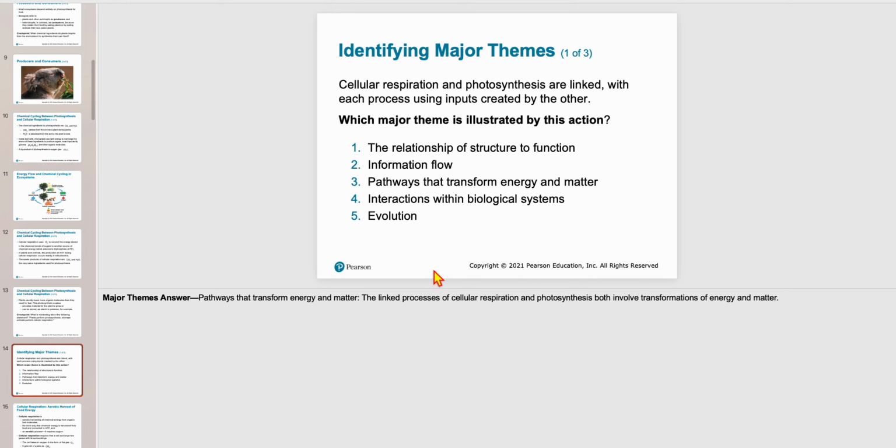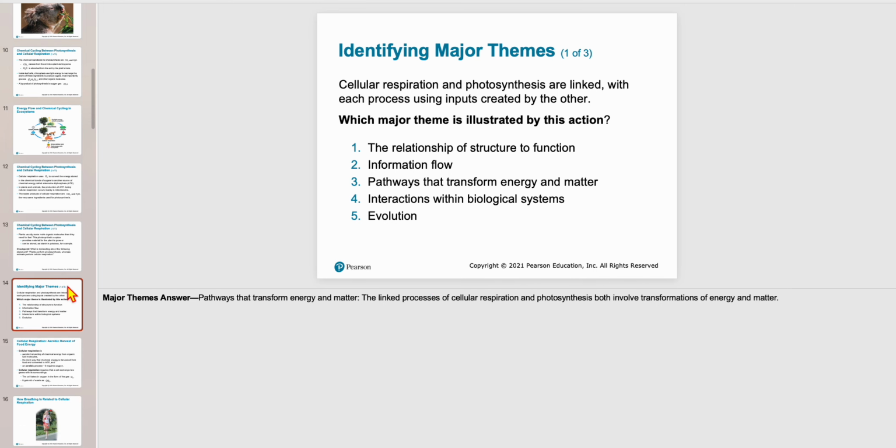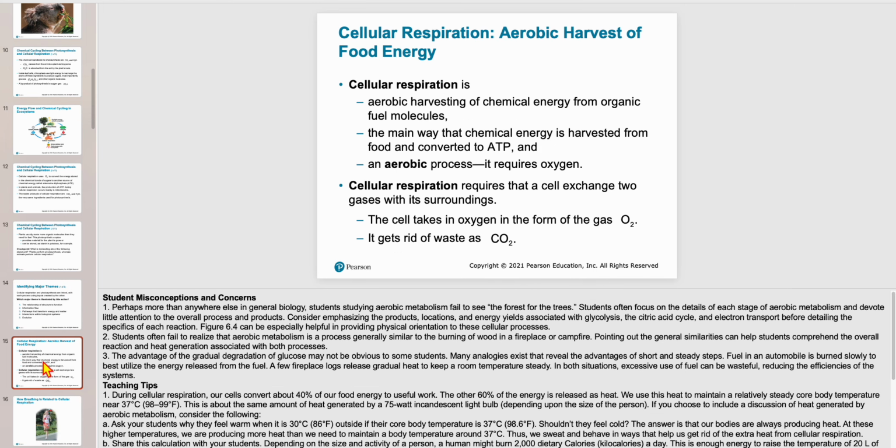Okay, next slide. We've seen these many times. These are just reviews. Now comes this picture. So this is letting you know that cell respiration is definitely aerobic.